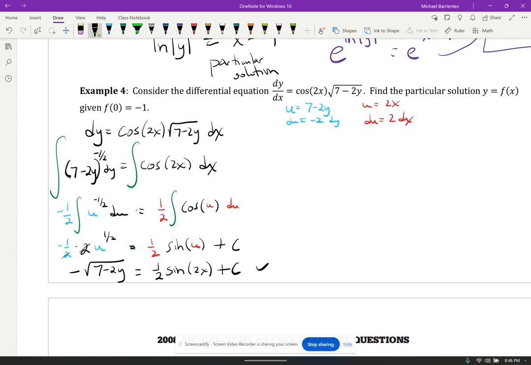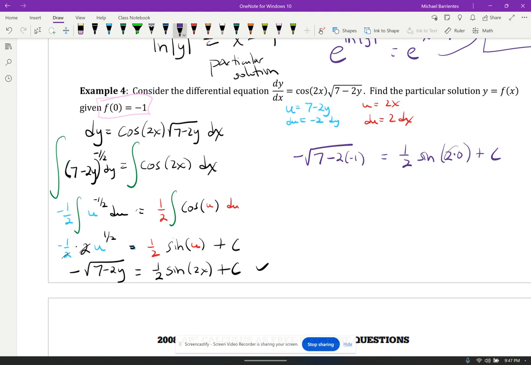Once I'm at this point, I'm going to use my initial condition, this initial value, in order to find my constant. So I'm going to substitute 0 wherever I see an x. I'm going to substitute a -1 wherever I see a y. And let's see where this goes. Negative square root of 7 minus 2 times negative 1 equals 1/2 sine of 2 times 0 plus c.